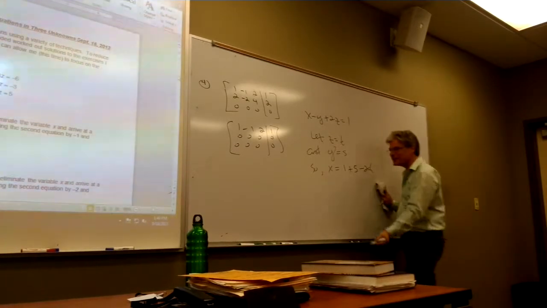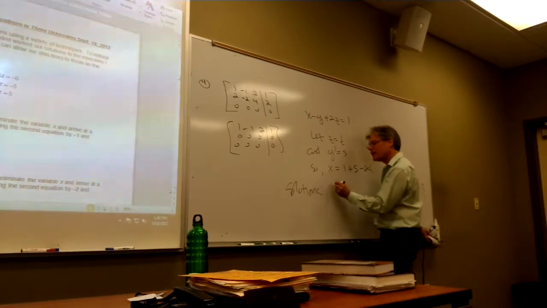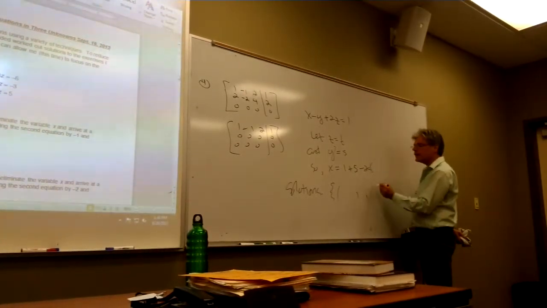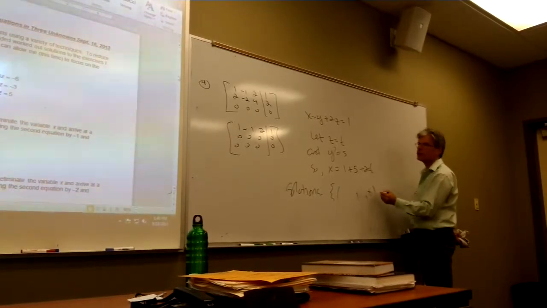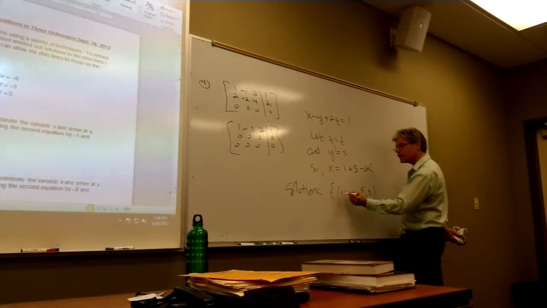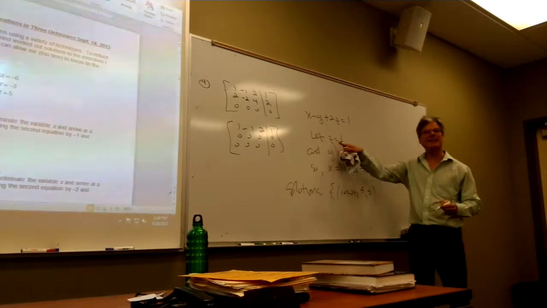And so I think my solutions are going to consist of a set of ordered triplets, x, y, and z. It's just that z is interpreted as t, y is interpreted as s, and x is 1 plus s minus 2t.